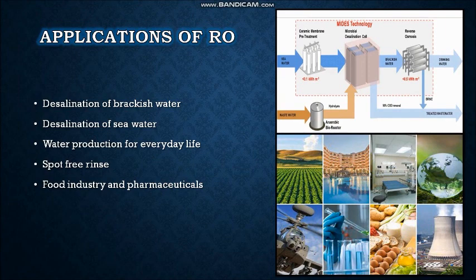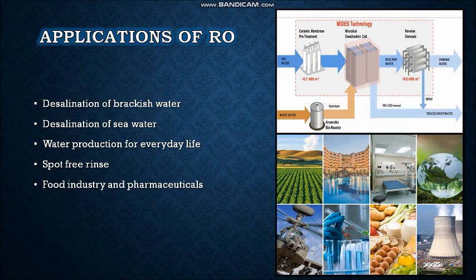Desalination of sea water. 96.5% of all earth water is seawater. As the crisis of fresh water is increasing day by day, our best shot is to improve the methods which can purify the seawater. RO can desalinate the seawater, but it is not as effective as the evaporation process.